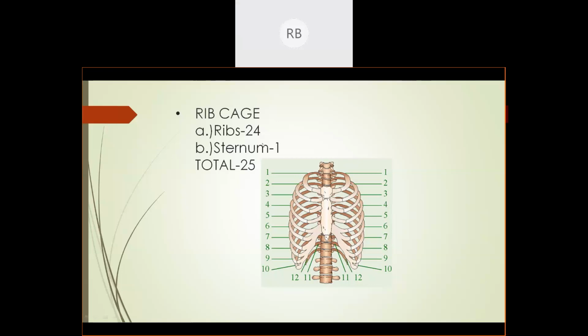Okay, next is your rib cage. You know your ribs. So this is your rib cage. It is just like a cage, that's why it is known as rib cage. So how many ribs do you have? 24.